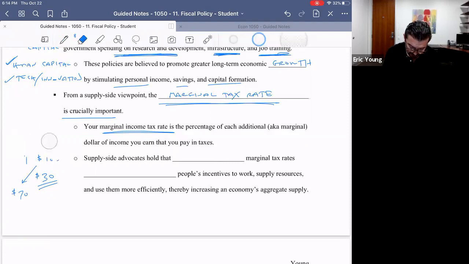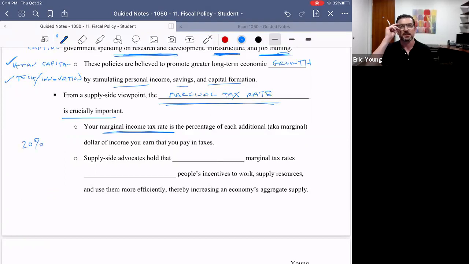On the other hand, let's say that your marginal tax rate was reduced from 30% down to 20%. If you made an additional $100 at work, maybe you worked some overtime, maybe you got a raise, whatever it is, you would only be paying an additional $20 in taxes, which means that you would keep more money in your pocket. So this idea of the marginal tax rate is critical in tax theory, and it's a critical component of the supply side viewpoint.